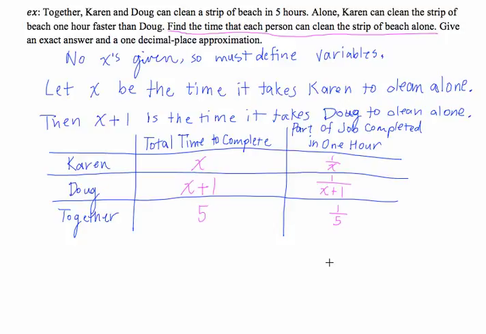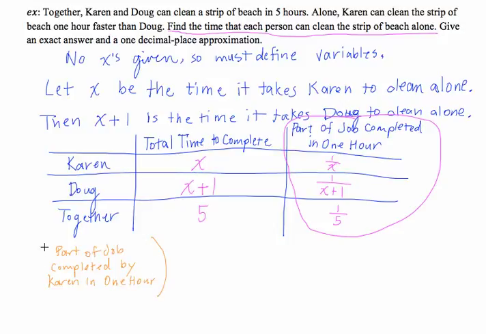Now, why does that help us? Because this last column over here we can use to set up an equation that will then allow us to solve for X. Right? Because the part of the job, let's write it out in words. The part of the job completed by Karen in 1 hour plus the part of the job completed by Doug in 1 hour.